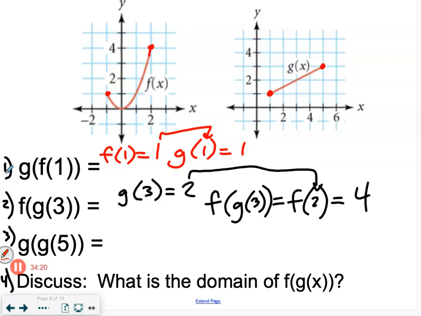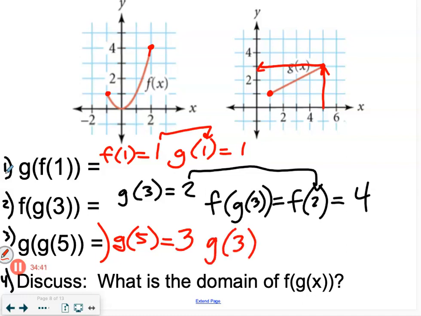Is that a 2? Okay, a casual 2. Very good. All right, excellent. So g of 5 is 3. So we're finding g of 3. Go to your g of x graph, plug in a 3, and you get 2.